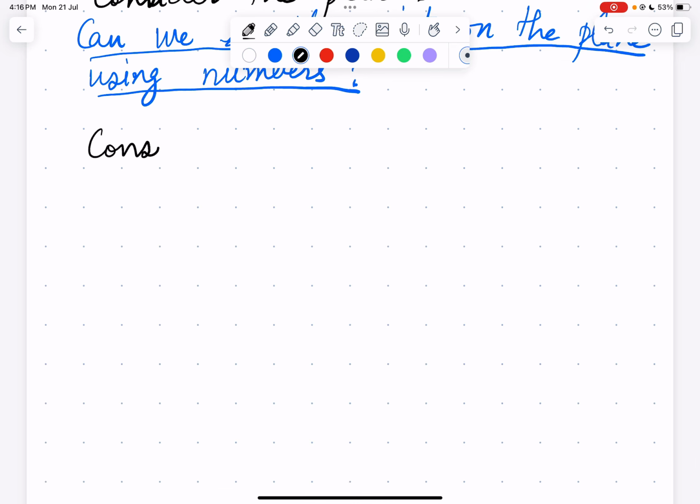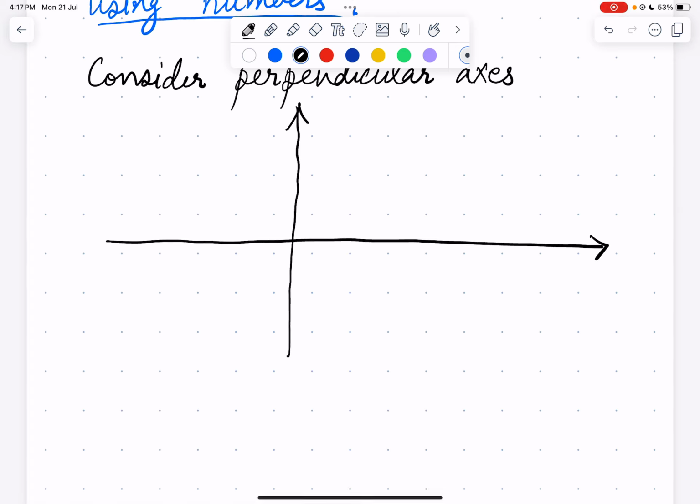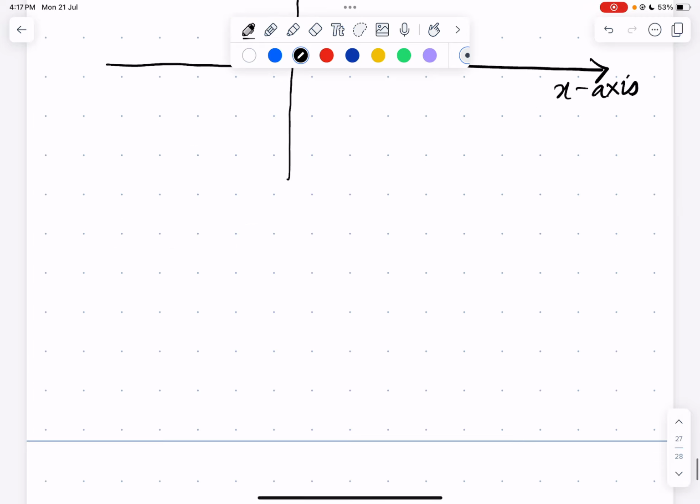So consider perpendicular axes. So pick any two perpendicular axes in the plane. One we'll call the x-axis and the other we'll call the y-axis. Right. So now let P be a point on the plane.